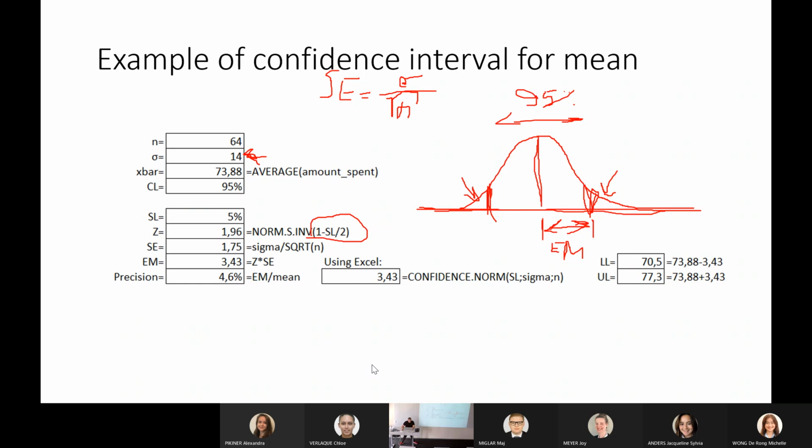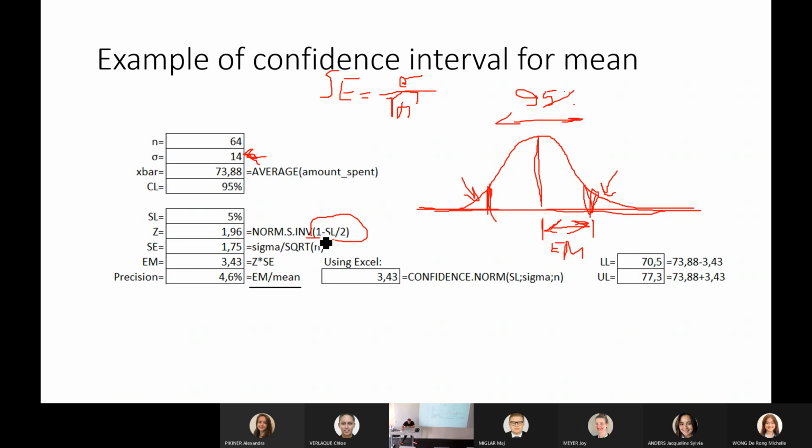Once we have the error margin, we can calculate the precision. We didn't really learn the meaning of precision, so I suggest you just know the formula in case it is needed. It's the error margin divided by the mean.